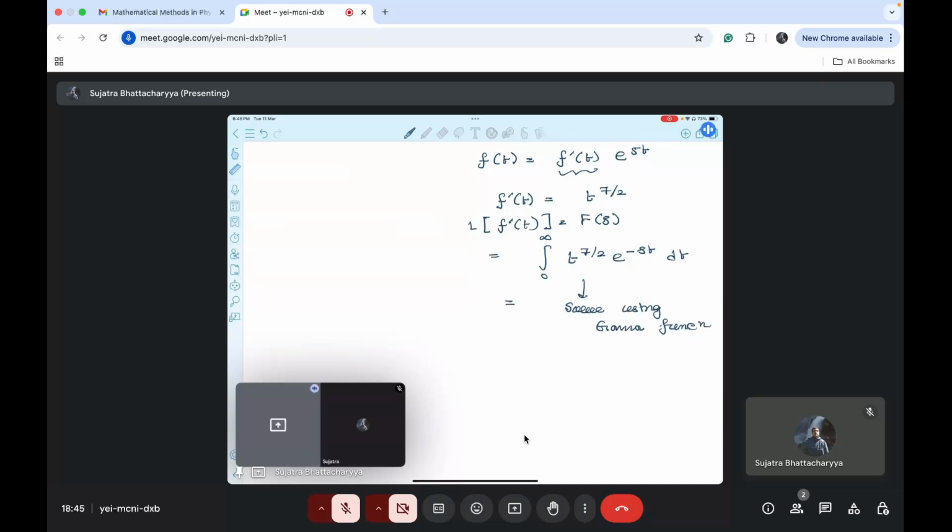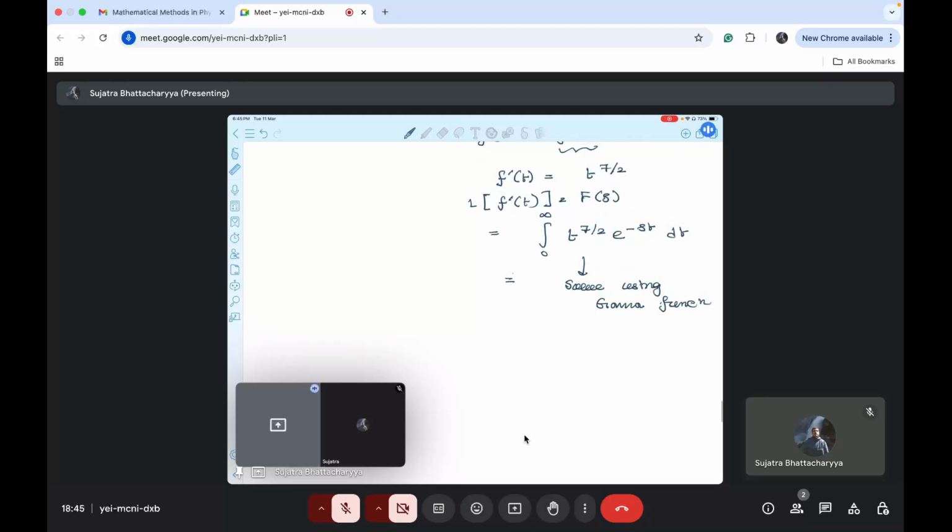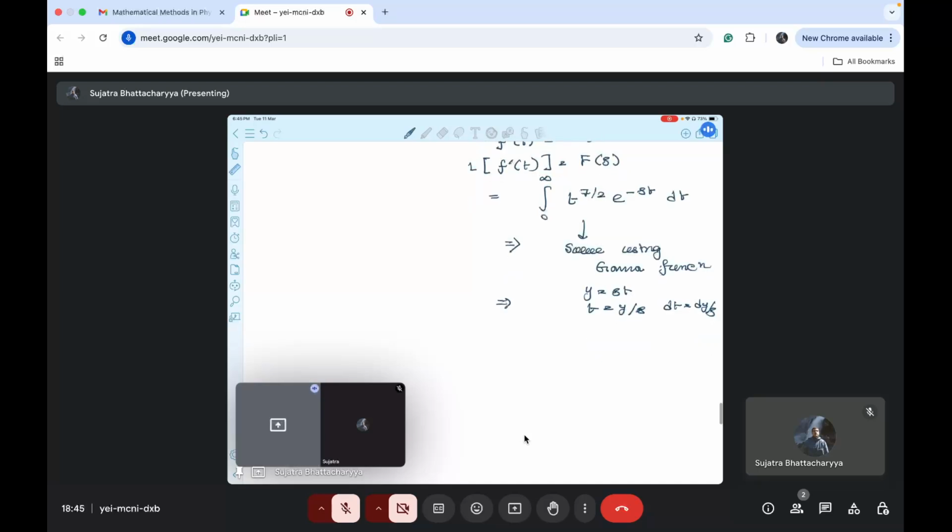I have already shown some application of the gamma function, as I was mentioning, in the definitions. Okay, so the next step will be, therefore, let y be equal to st. Similarly, t will be equal to y by s, dt will be equal to dy by s. Limits will not change.